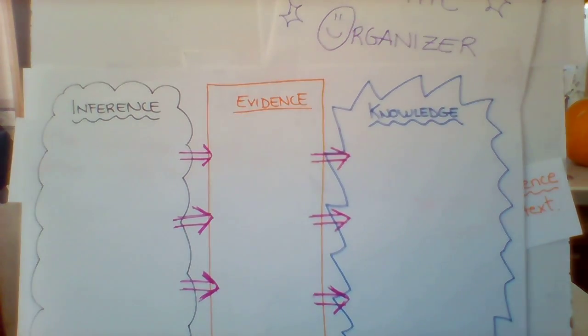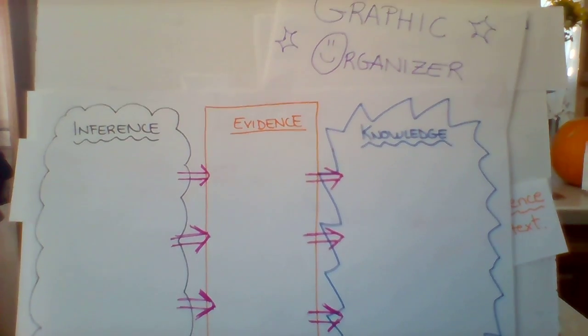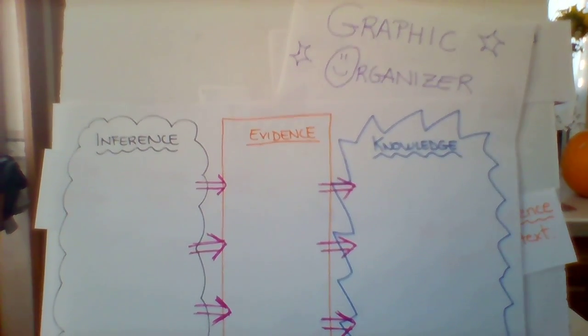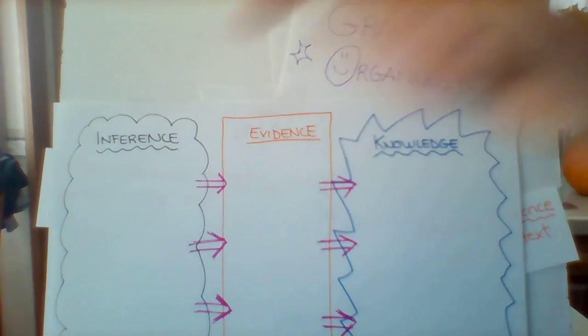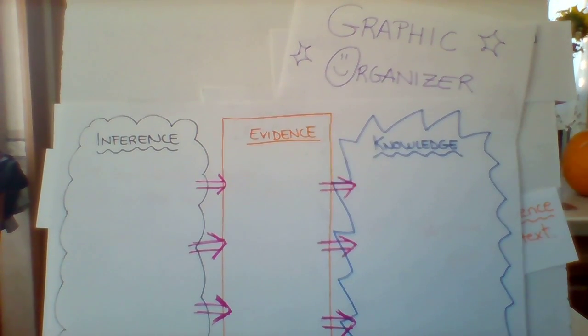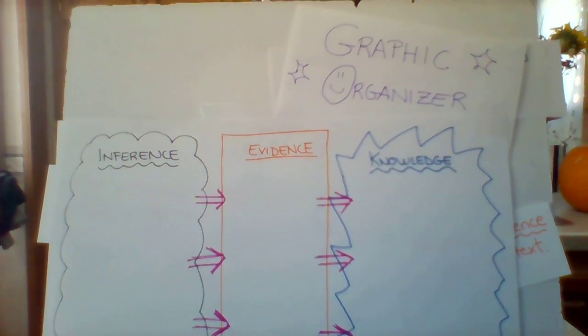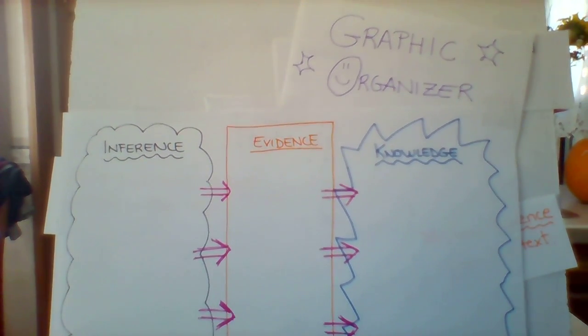When you are trying to do inferences, you can simply use this graphic organizer. In it, you write down your inference, the evidence you take from the text, and the knowledge about that. Okay? So let's see what we can infer in here.